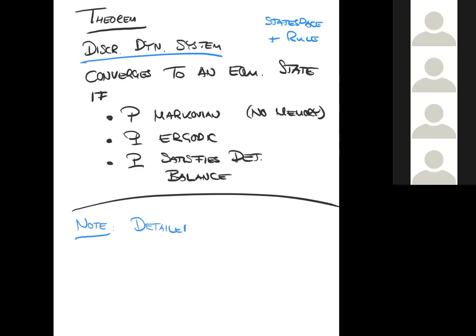So detailed balance can be defined as follows, where you never use the fact that an equilibrium distribution exists. So the trick is the following. The trick is that instead of 2 states, you can consider 3 states.